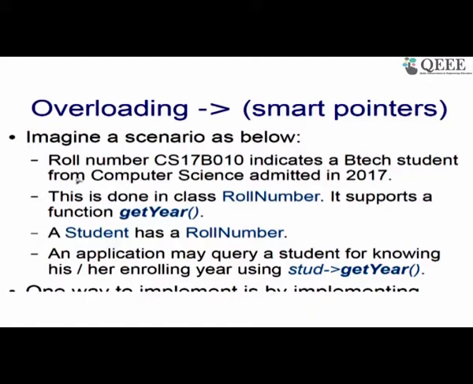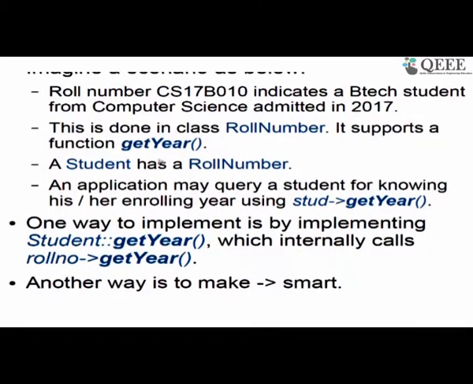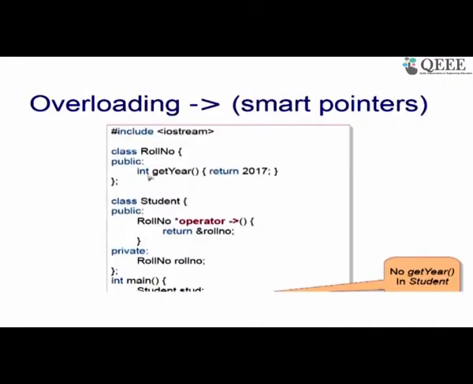That is what I am saying when I say that an application may query a student type for knowing the enrollment year. So student arrow getYear is something that the application wants to do. As I was mentioning, you can implement Student::getYear, and then internally it calls roll number arrow getYear, however we can make the arrow smart.